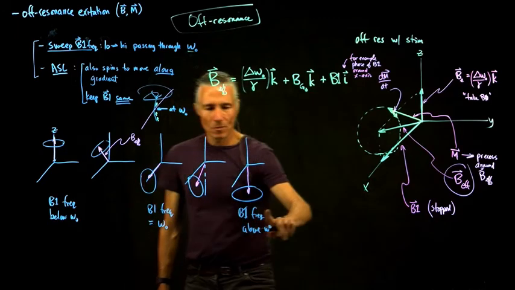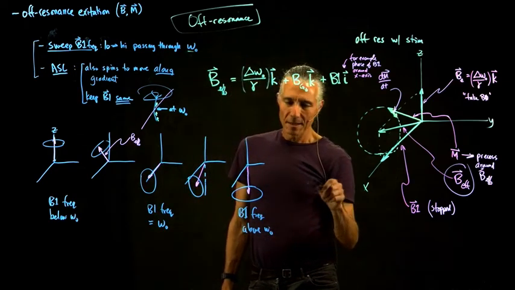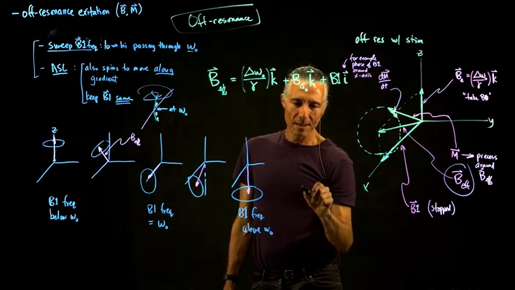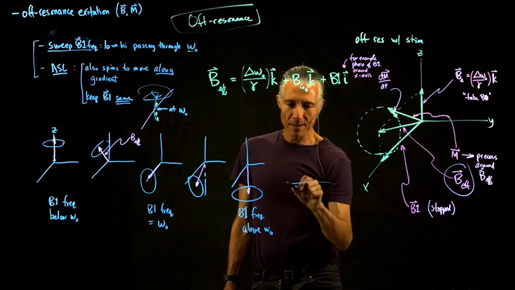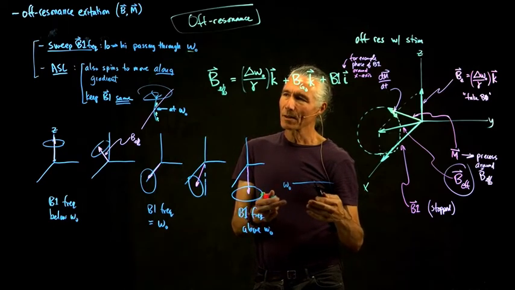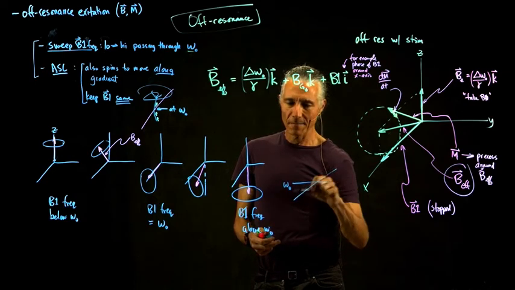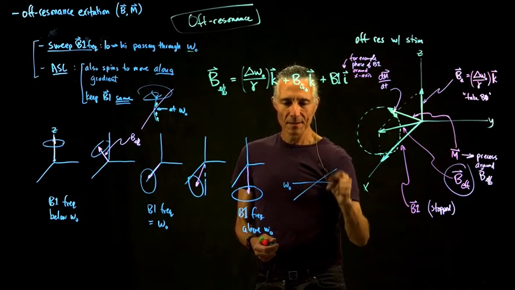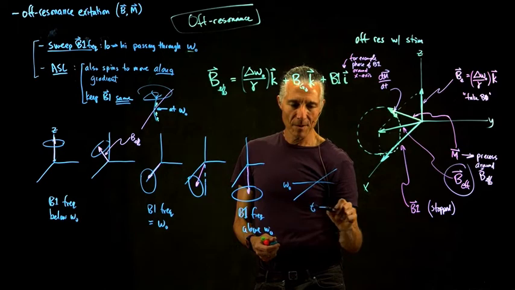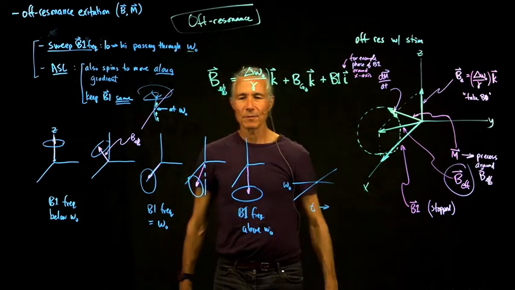So what this corresponds to is extremely straightforward. If this is the center frequency defined by what the current gradient and what the current B0 is, all you do is ramp your frequency like that. This is time going in that direction. So you just ramp through the center frequency.